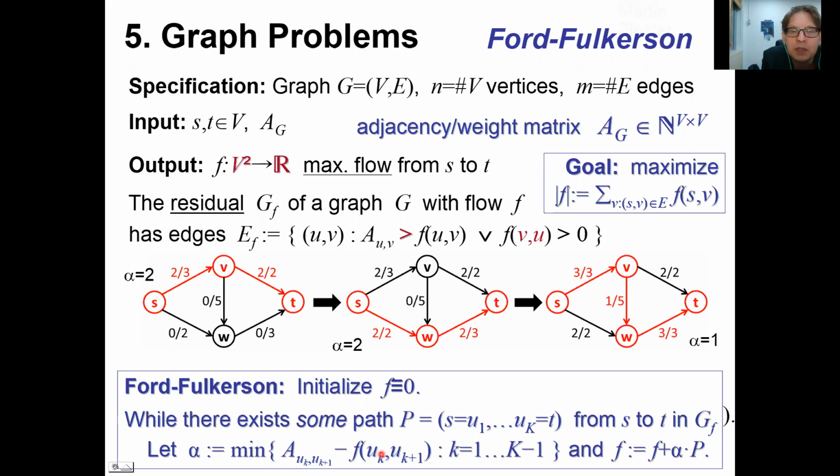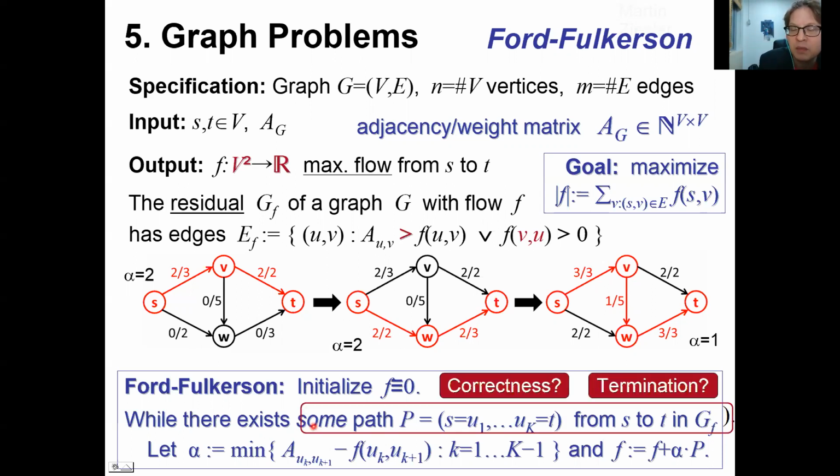Like up to epsilon. But here with integer capacities, the residual flow has value at least 1. And therefore in each iteration of this loop, the total flow increases by at least 1, and therefore the number of iterations can be bounded by the total flow, the output, right?